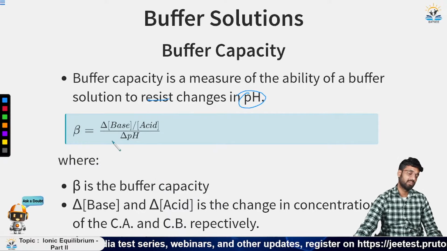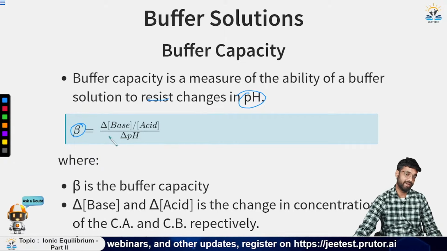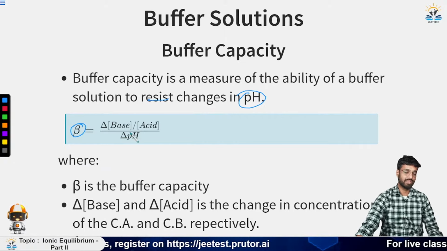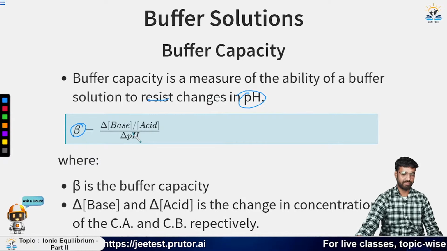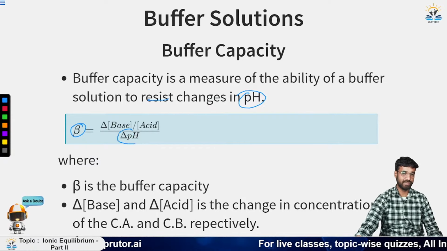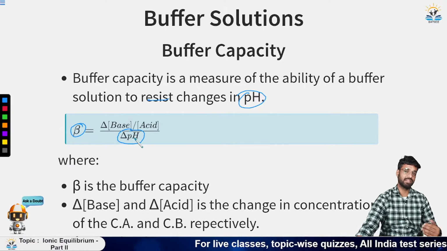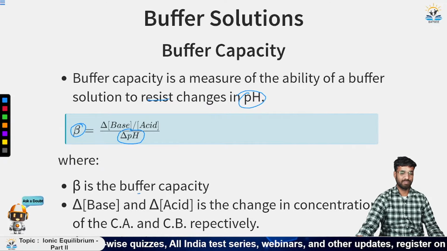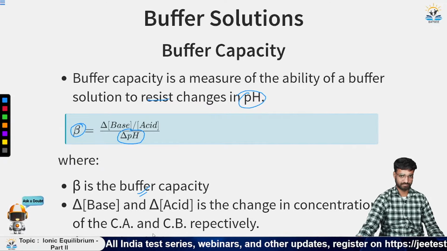It is denoted by beta, and it is calculated as the change in concentration of base, meaning the amount of acid or base we have added, divided by the change in pH that we are seeing. So if there is a change in pH upon some addition of acid or base, we can take that fraction and calculate the buffer capacity, that is beta.